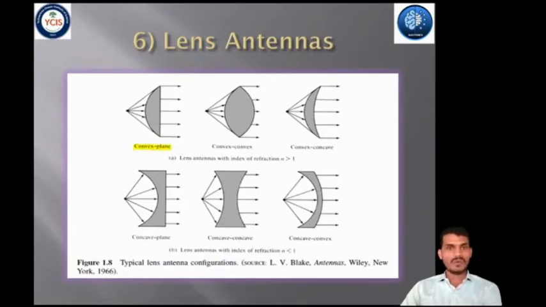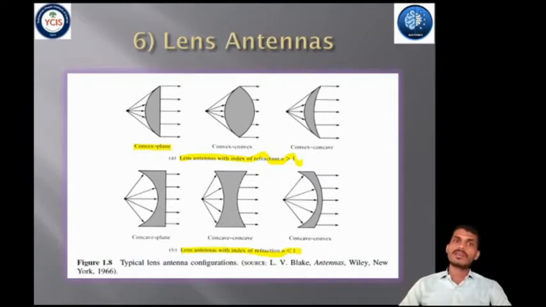But now, lens antennas with index of refraction greater than 1 are of 3 different types, and another set is lens antennas with refractive index n less than 1. That means index of refraction is greater than 1 and index of refraction is less than 1. When refractive index is greater than 1, there are 3 different structures, and when less than 1 there are 3 different structures.